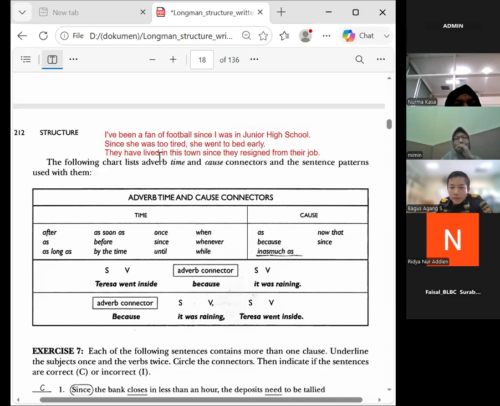All right. Sorry. They have lived, this is present perfect. Since they resigned, that's past simple. All right. Okay. Any questions up to this point?